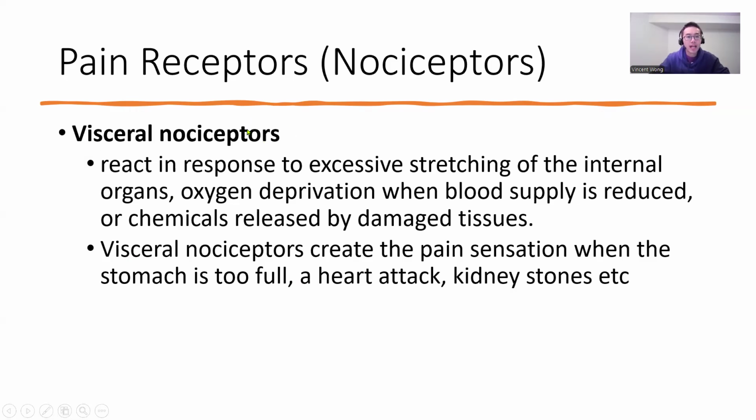They react in response to excessive stretching of internal organs. What would be an example of an excessive stretching of an internal organ? Can you give me an example? Nothing crazy, just common things that could happen to any of us.